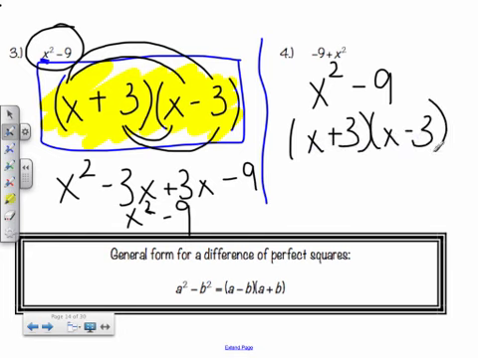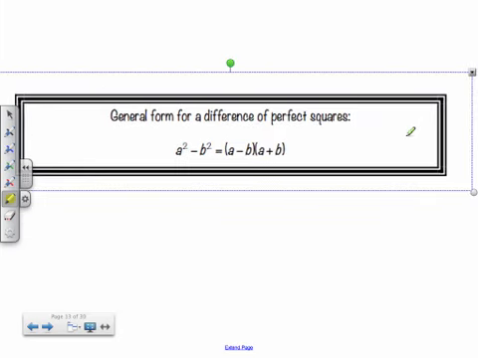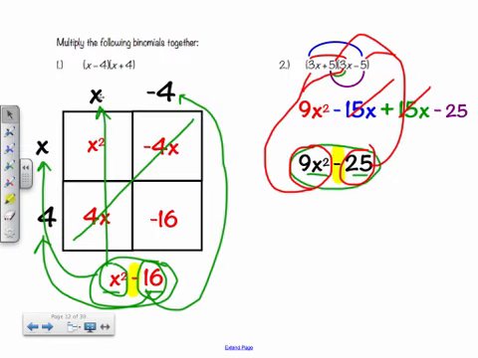Now you might have noticed that I did mine in a different order than what's written in the general form. The negative sign came first and the positive sign came second. It does not matter which one goes first and which one goes second. If you notice right here, in the two examples that we multiplied together, in this example the negative sign came first and the positive sign came second, but the inner and outer still canceled each other out.